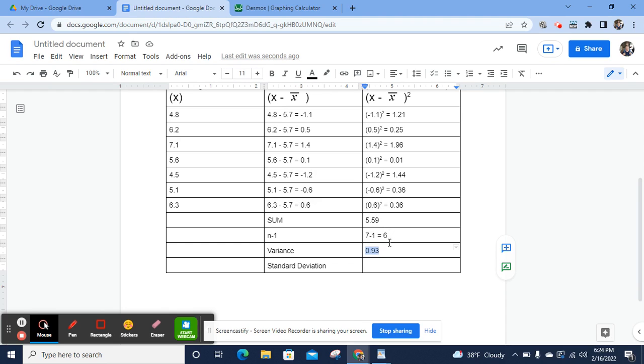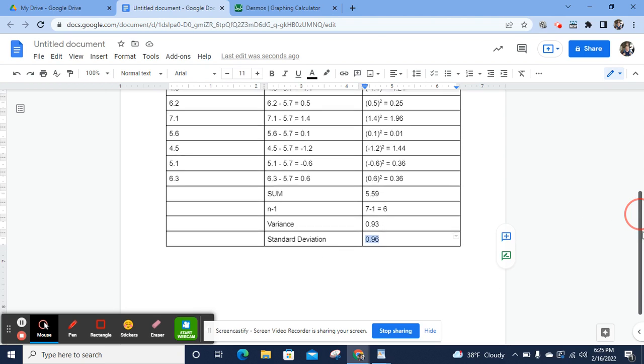So we got 0.93, and now we have to get the square root of that. And we get 0.96, and that makes sense because 0.93 is very close to 1. So if we're getting the square root of 1, we'd get 1. If we're getting the square root of something close to 1, we get something close to 1. So that is our standard deviation.